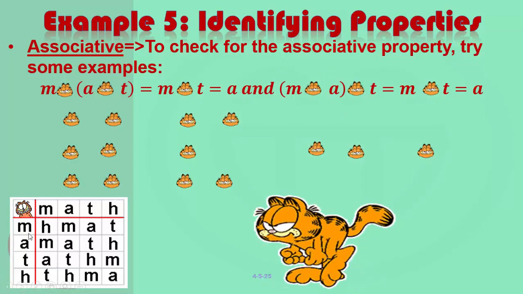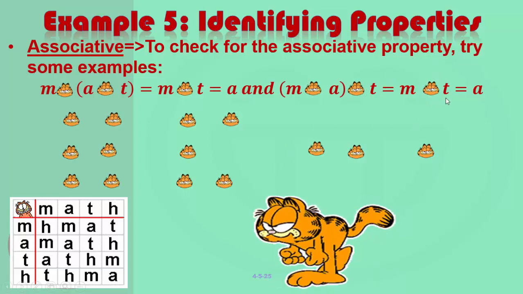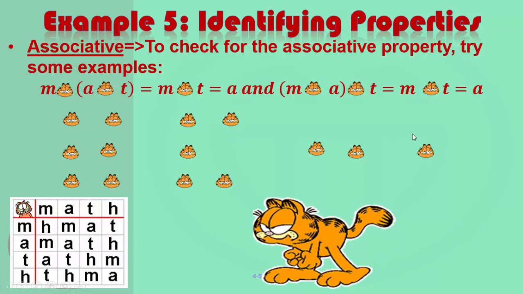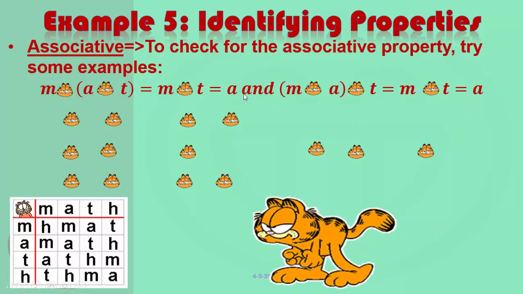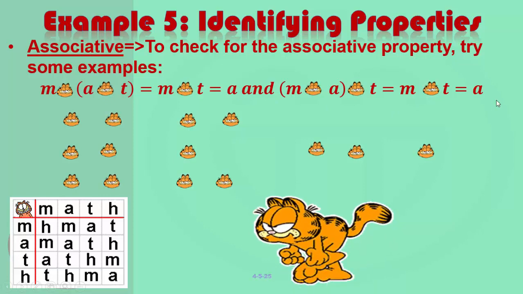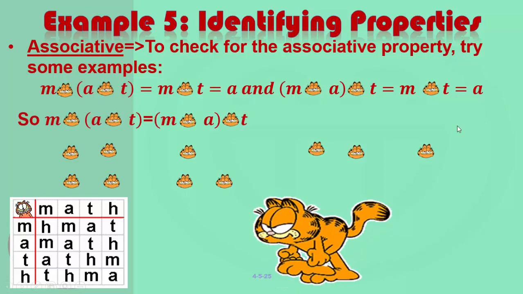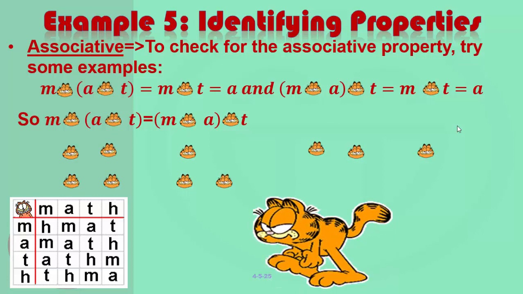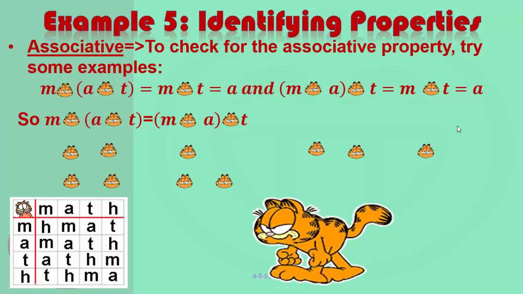So let's look at M, A, and they cross at M. So now we have M, Garfield, T. Now let's look at M, T, and then they intersect or cross at A. So it appears for this particular example, in both cases, no matter where we put the brackets, we will still get A. So M Garfield bracket A Garfield T bracket is equal to bracket M Garfield A bracket Garfield T.